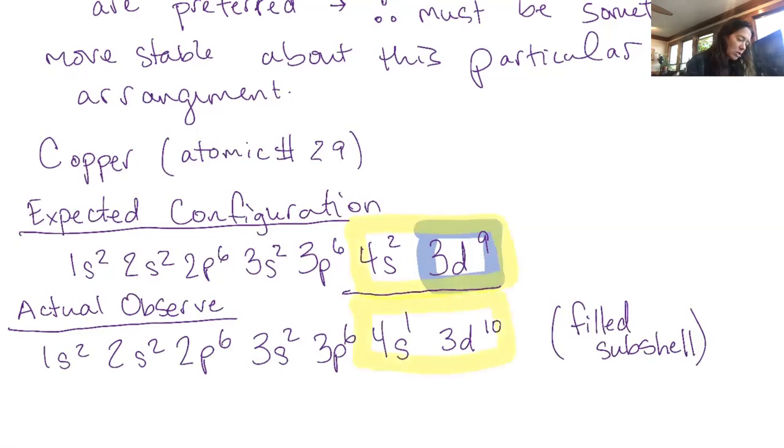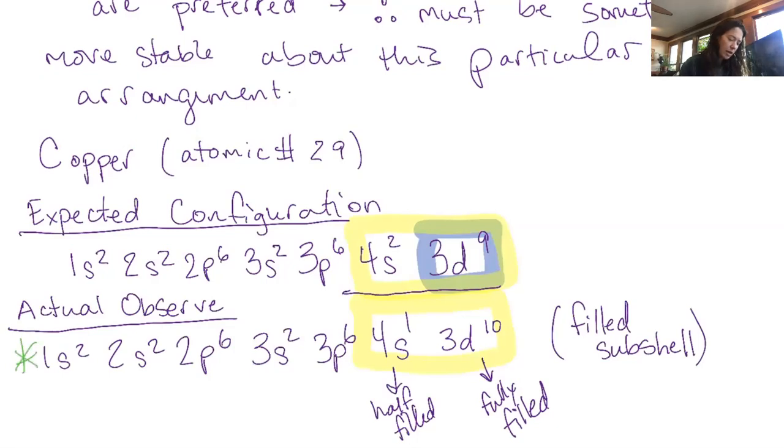And the difference is this is now half filled and this is now fully filled. And that is in fact what the copper atom's configuration looks like. It actually looks like the second one here.